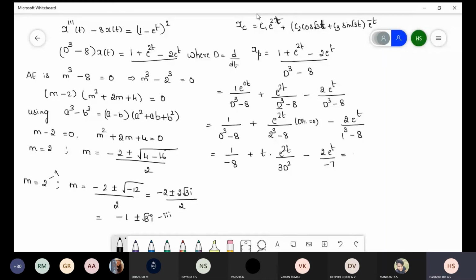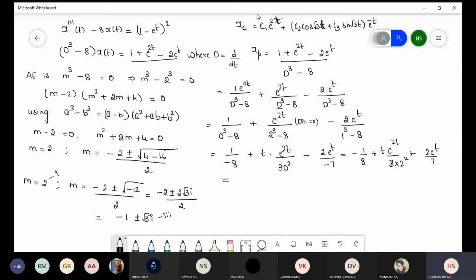So again minus 1 by 8 plus t into e power 2t. Again here in the place of d we can substitute a. So 4 3s are 12. So I write 3 into 2 square, minus into minus, plus e power t divided by 7.